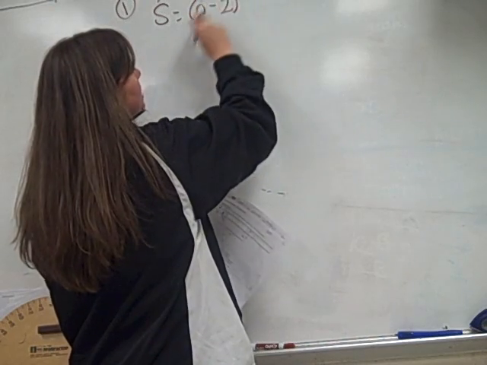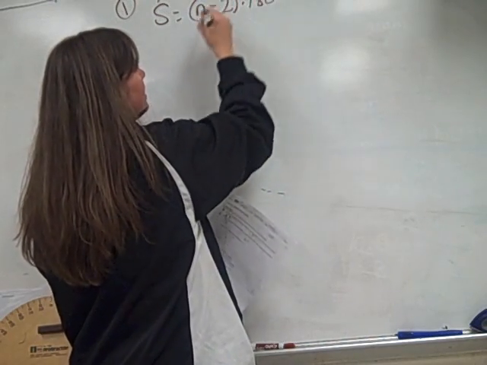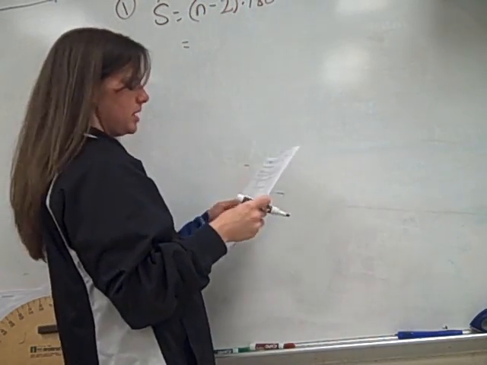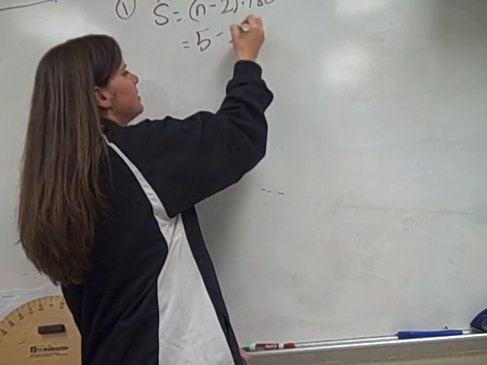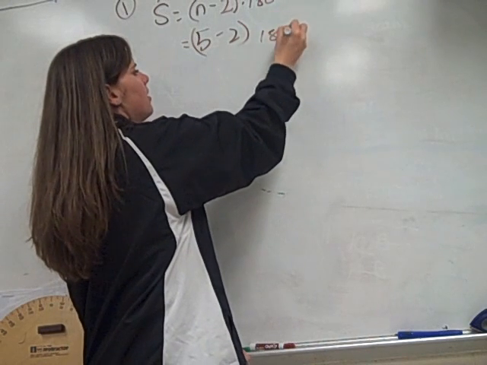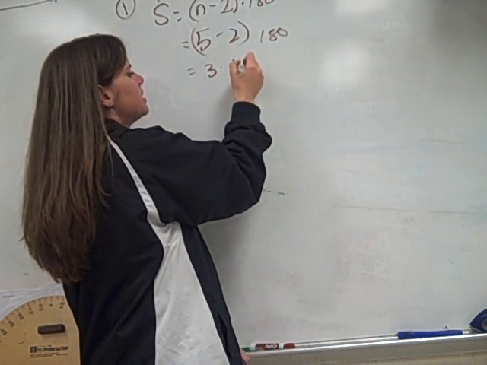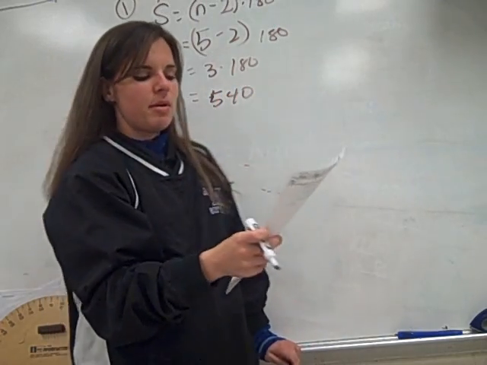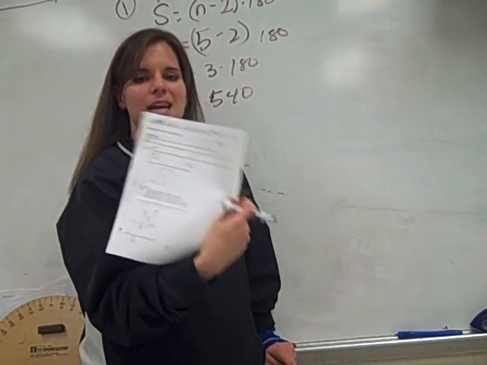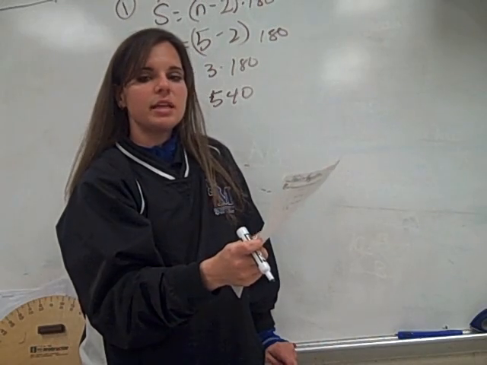You take your number of sides, you subtract 2, you multiply by 180, that gives you your total. A pentagon, for number 1, has 5 sides. 5 minus 2 is 3. 3 times 180 is going to give you 540. Some of you, I bet you, circled C, 540. Not the right answer. Read really carefully.